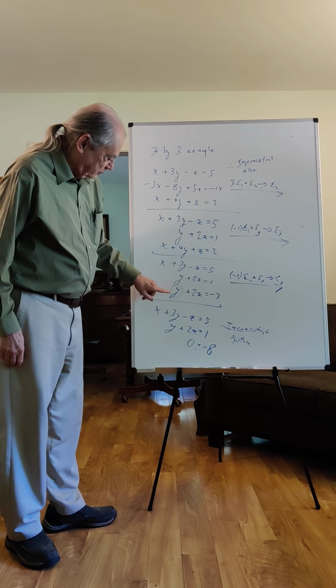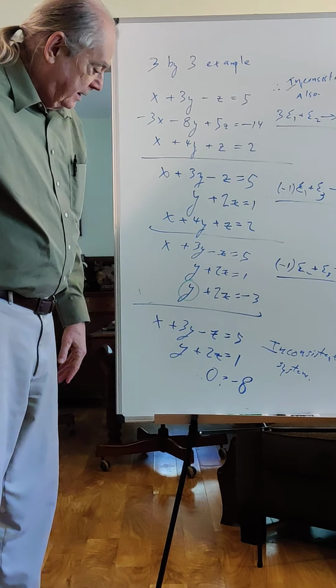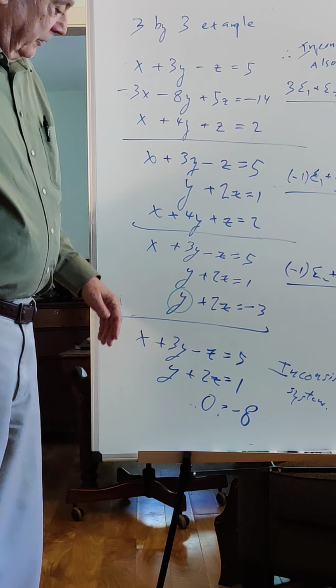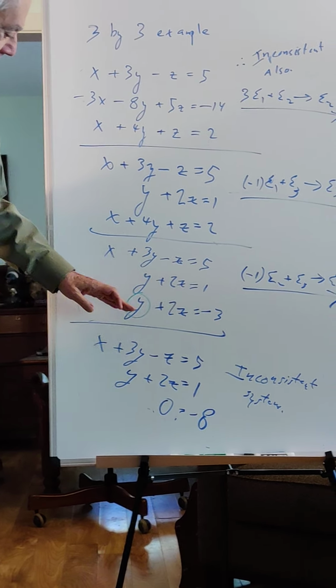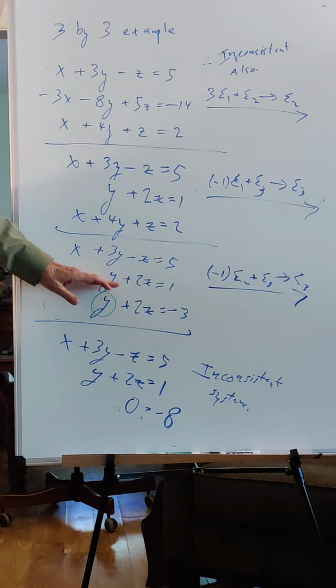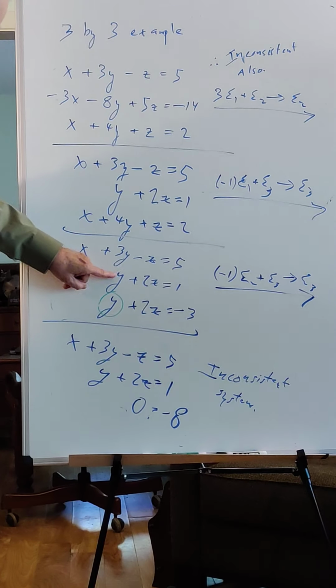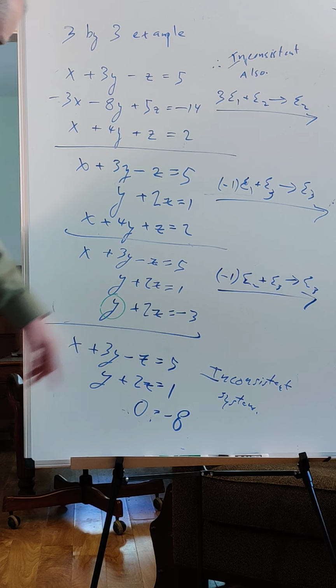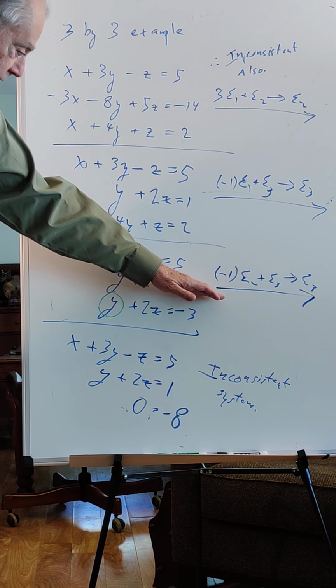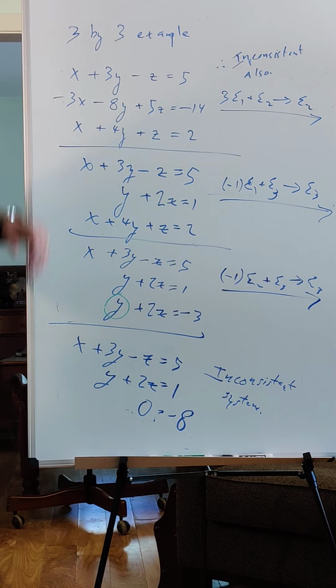Y plus 2z is 1, y plus 2z is negative 3. I mentioned during the video that you can stop at this point because you can't solve these equations simultaneously. If you have values for y and z that give you 1, and those values don't give negative 3, that shows this system's inconsistent.